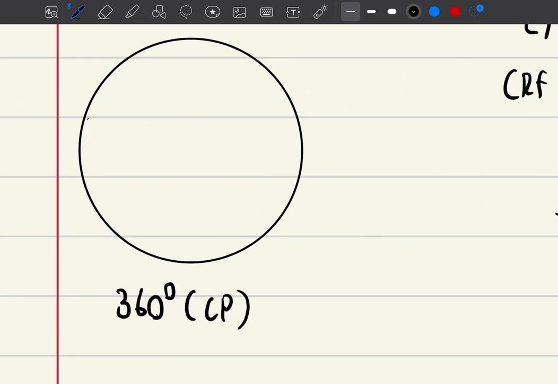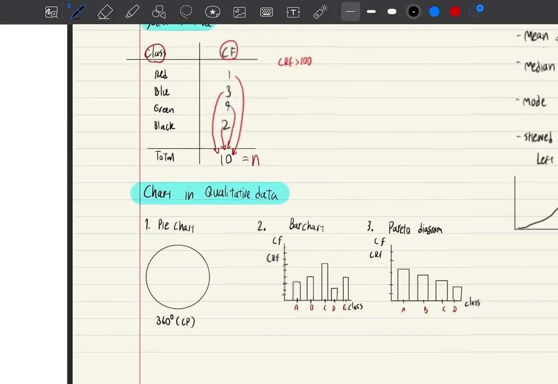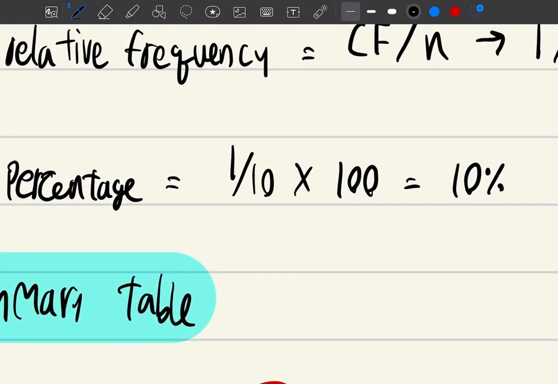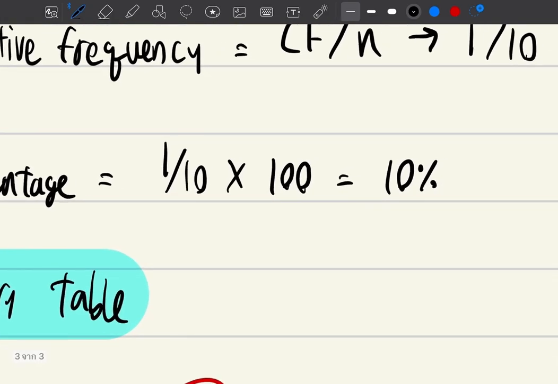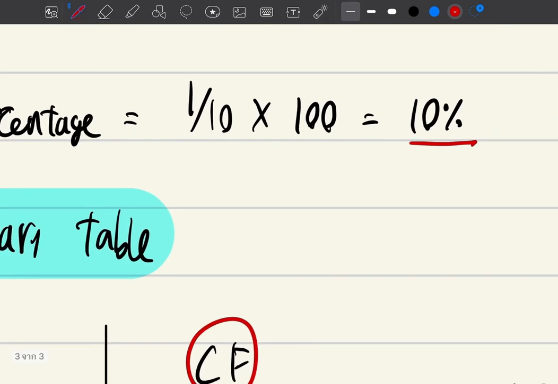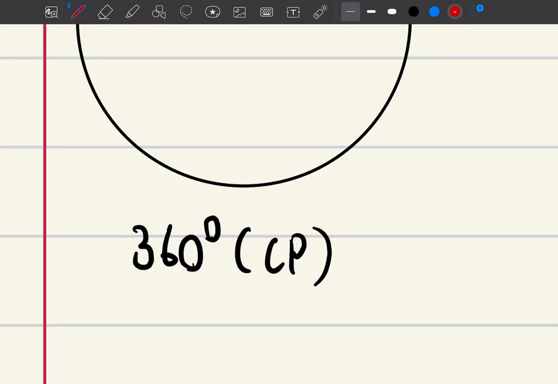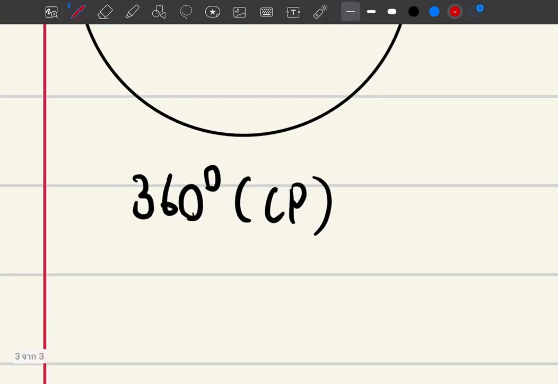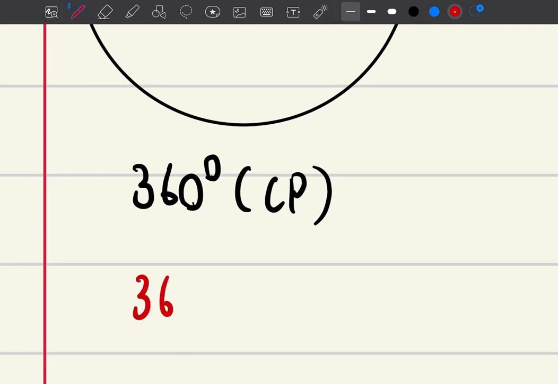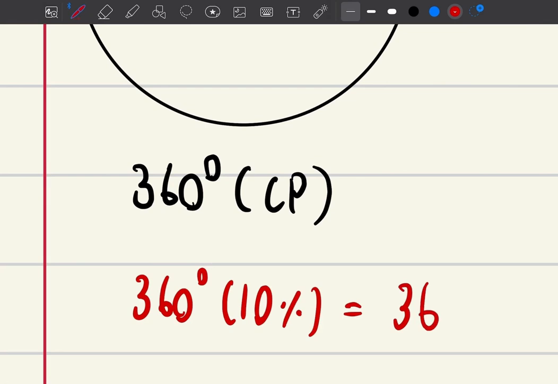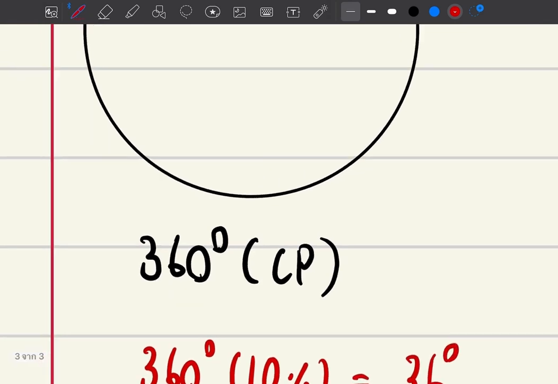For example, the class percentage of red is 10%. So the angle size of red is going to be 360 multiplied by 10%, equal to 36 degrees.